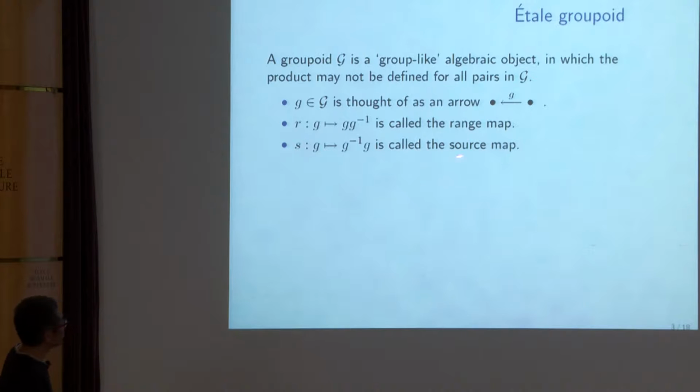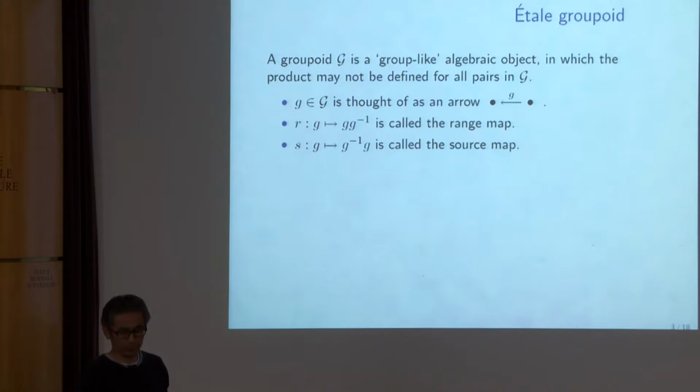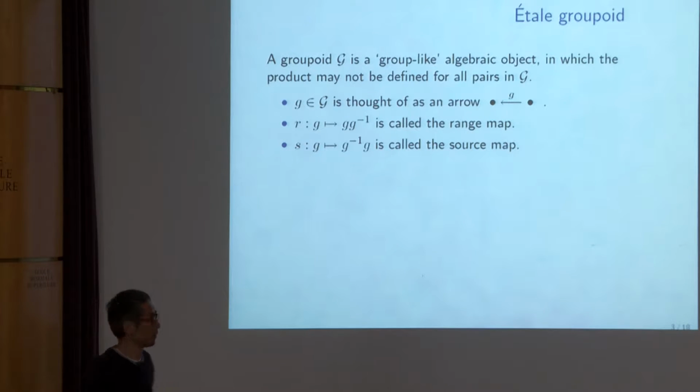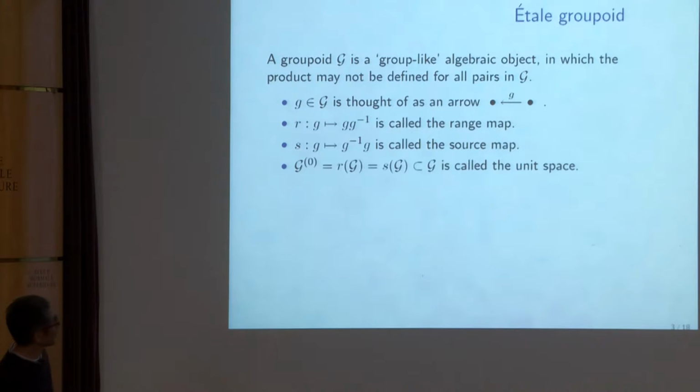And S denotes the source map, so s of g is equal to g inverse g, which is again a point of the Cantor set. So they represent some dynamics on a Cantor set. I denote the unit space by G0.